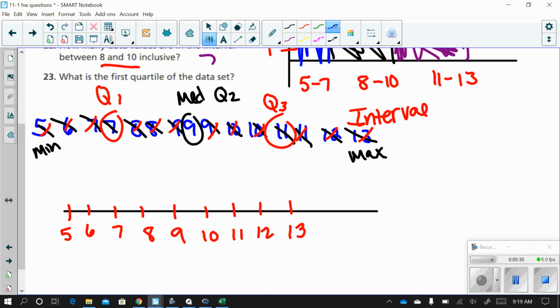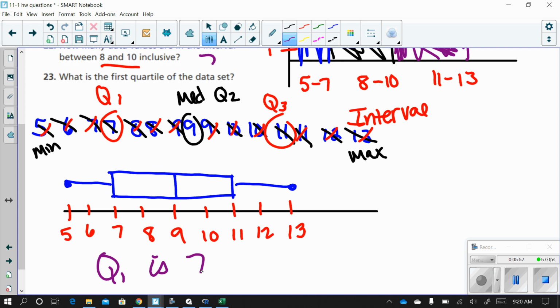Remember dots for your min and your max, and then lines for your quartiles. Then connect the lines to make the box, and then add your whiskers. Now you can answer the question. Q1 is 7.